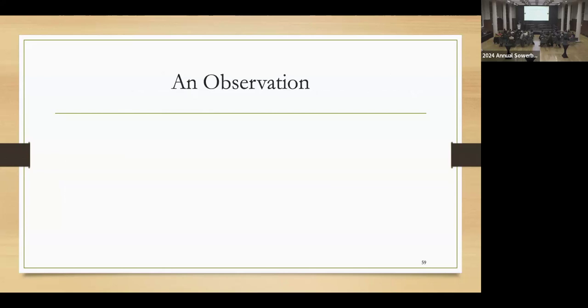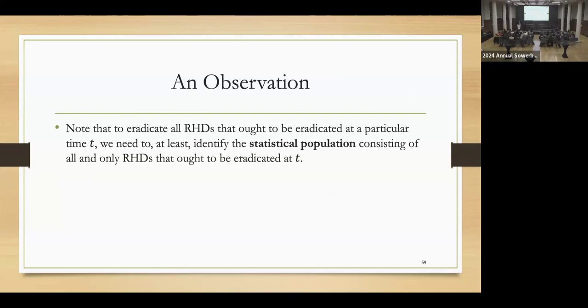So here's an observation. Lots of bioethicists and philosophers of medicine who focus on this issue focus more on how we should eradicate all racial health disparities that ought to be eradicated. But I want to think more about what would constitute eradicating all racial disparities that ought to be eradicated.